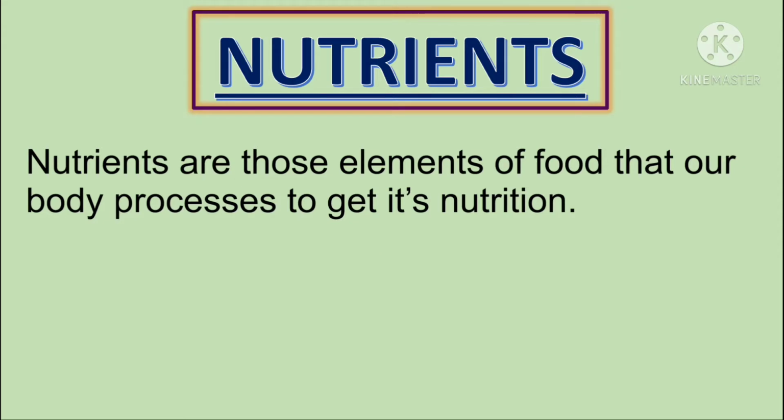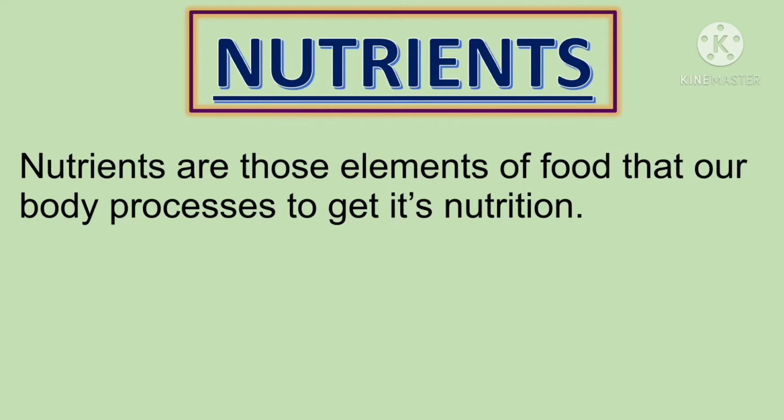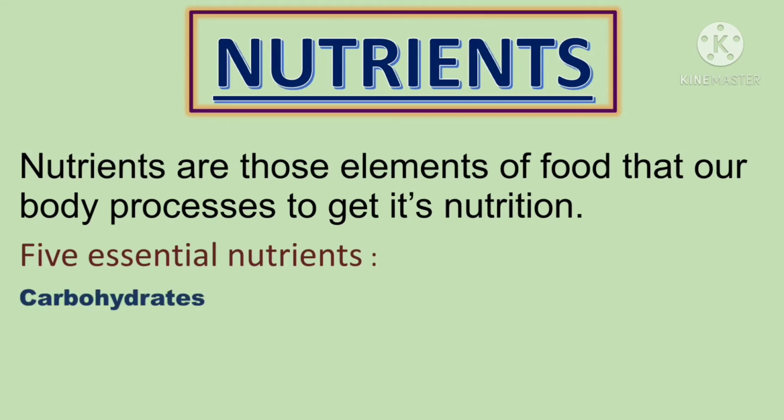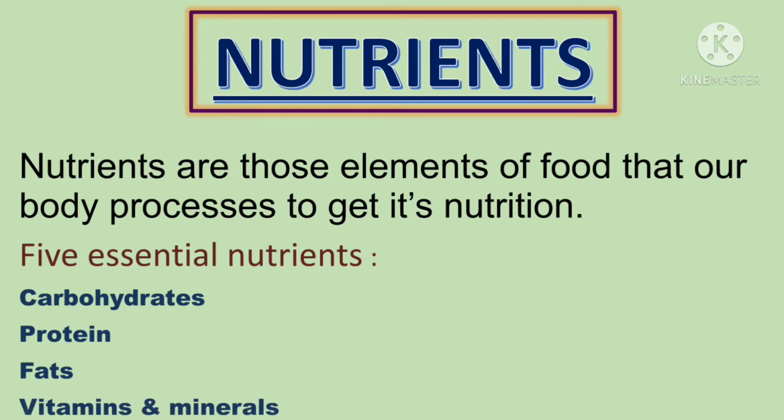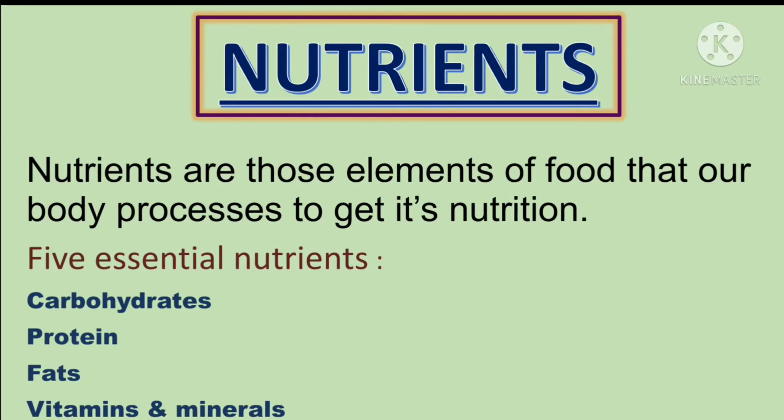Now, dear students, please note that there are 5 essential nutrients. And those nutrients are carbohydrates, protein, fats, vitamins and minerals. Dear students, also note that these nutrients are divided into two categories of macronutrients and micronutrients. Macronutrients are those nutrients which are required in larger quantity to fulfill the need of the human body.